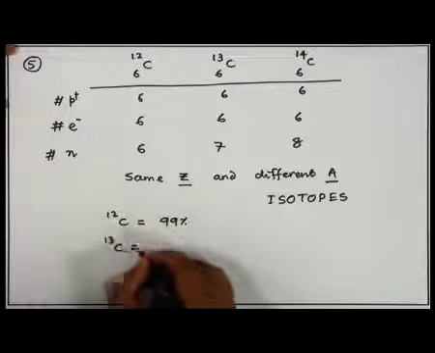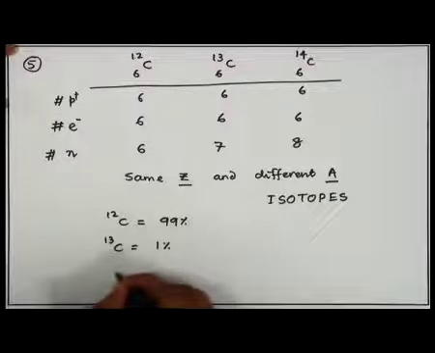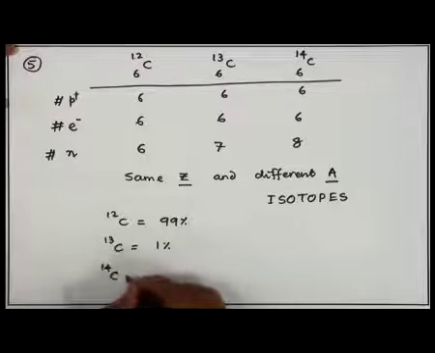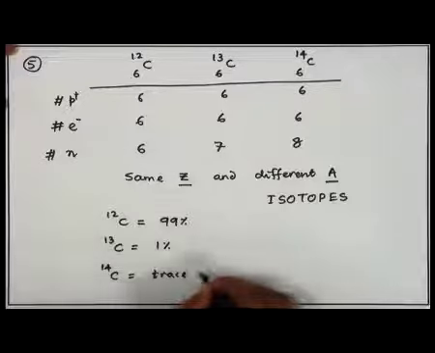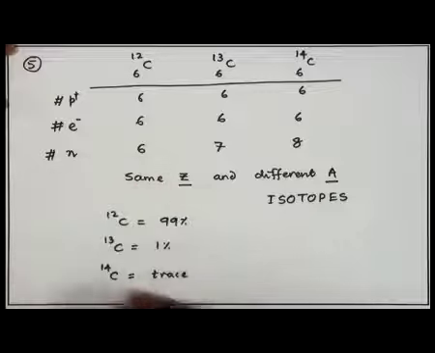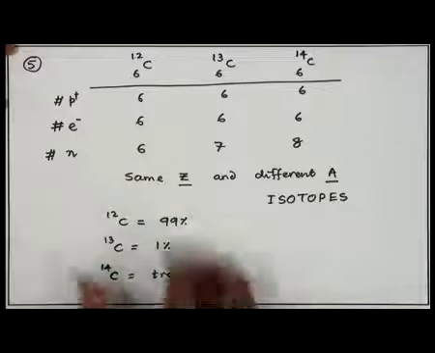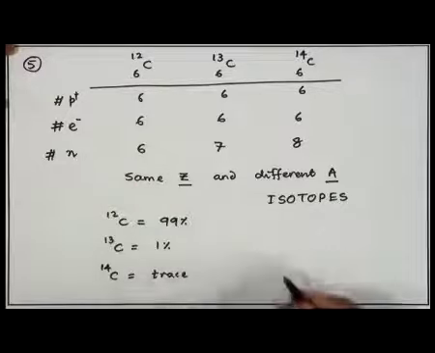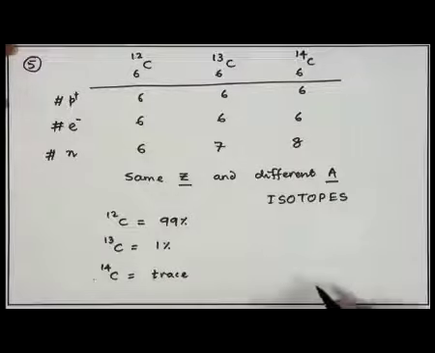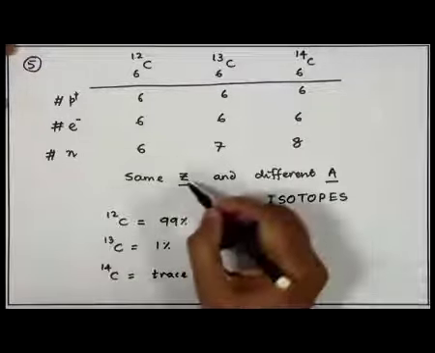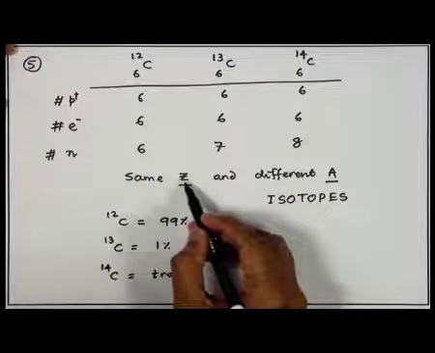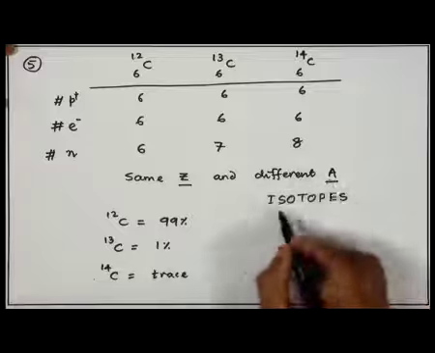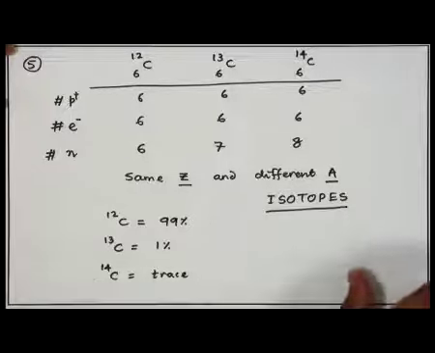Carbon 13 is roughly 1%, and carbon 14 is seen in nature, but it exists in what we call trace quantities. It is a very tiny amount and almost negligible, but it does exist and it has very important properties. So, we saw that when 2 or more atoms have the same atomic number but different mass numbers, we call them isotopes.